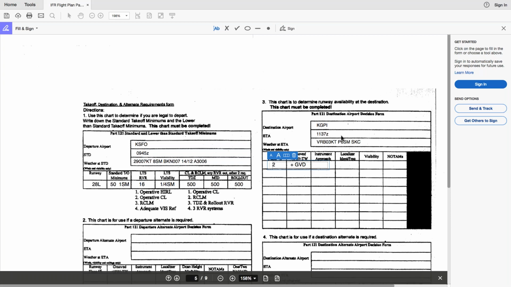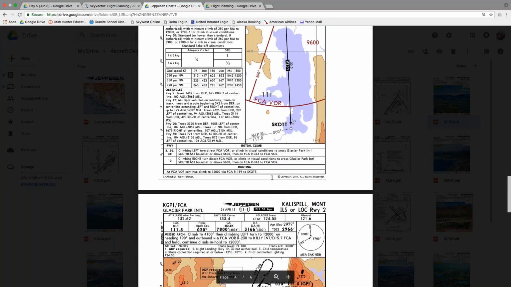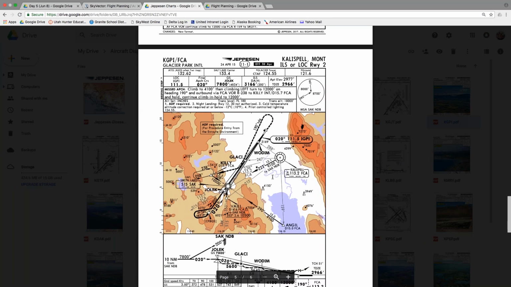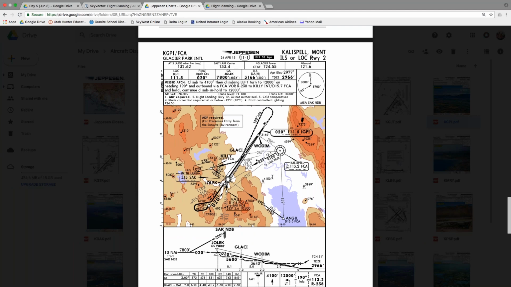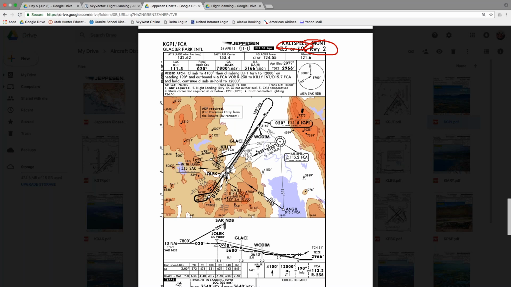Okay? Instrument approach. What approach do we have for runway 2? We can come down here to our ILS, to our runway 2, see that we have an ILS. So we'll say that it's ILS.